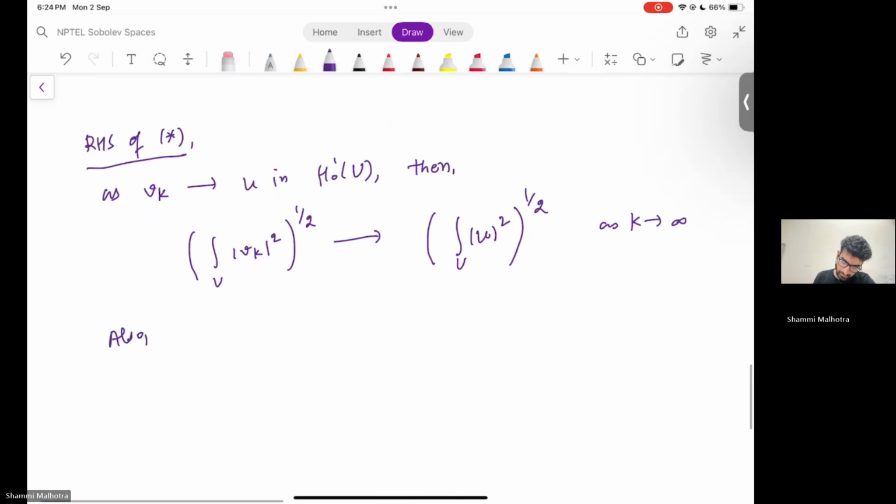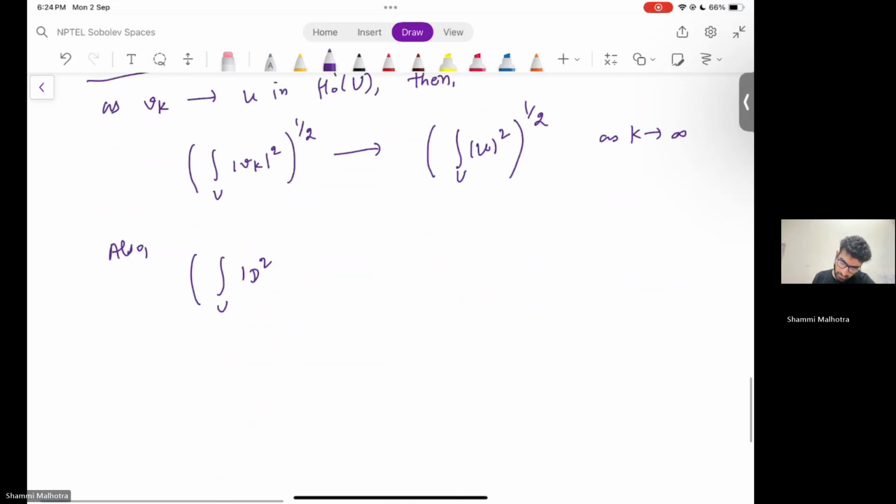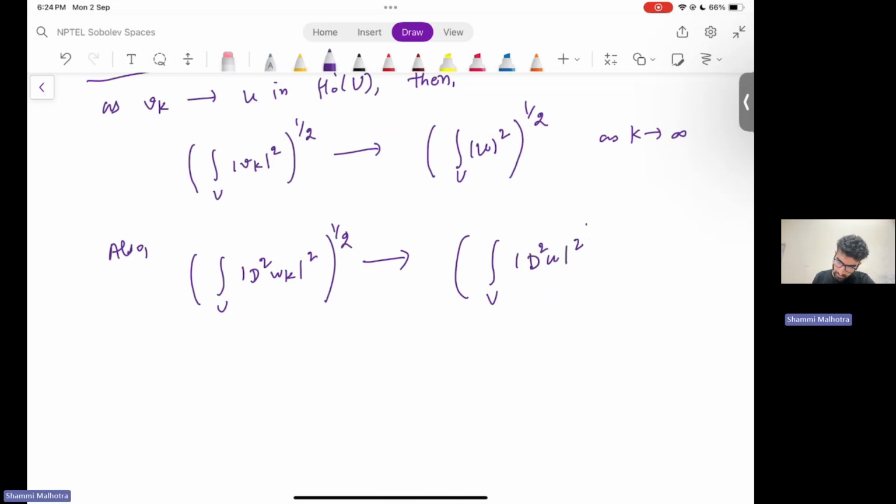Also, the integral of D2 w_k squared to the power half goes to the integral of D2 u squared to the power half as k tends to infinity.